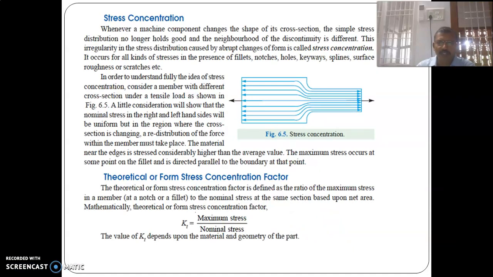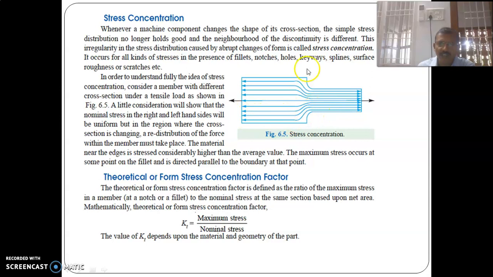The next important topic is stress concentration. Whenever there is a change in cross section, from a higher cross section to a lower cross section and back to a higher cross section, such as fillets, notches, holes, keyways, splines, scratches, etc., the flow of stress changes.